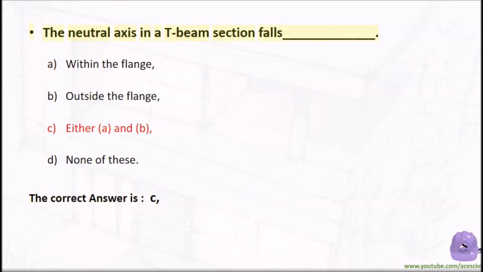The neutral axis in a beam section falls: A. Within the flange, B. Outside the flange, C. Either A or B, D. None of these. The correct answer is C.